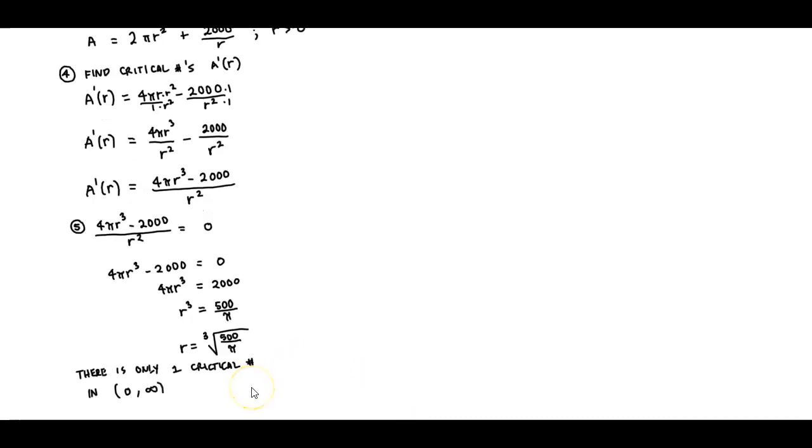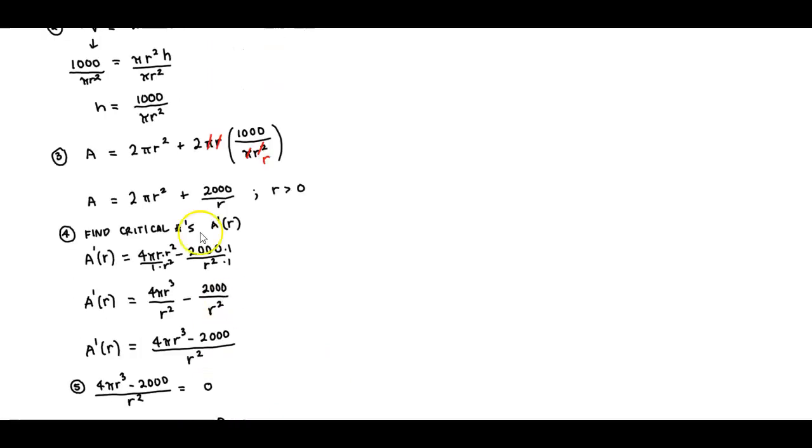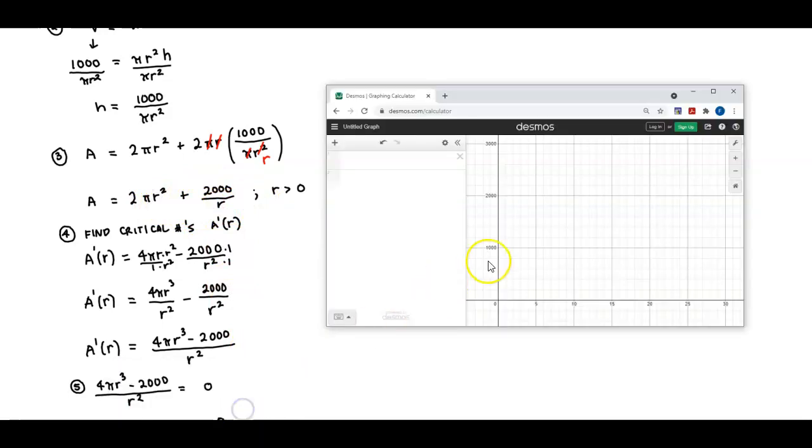Okay, now next, let's take a look at the visual of the graph of the function, which is the area, equal to 2 pi r squared plus 2000 divided by r, where r is greater than 0. Now, when we put this into Desmos, we're not going to write r, we're going to use x. So let's go ahead and graph this.